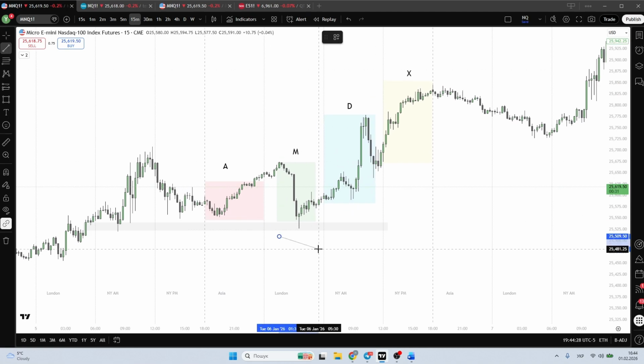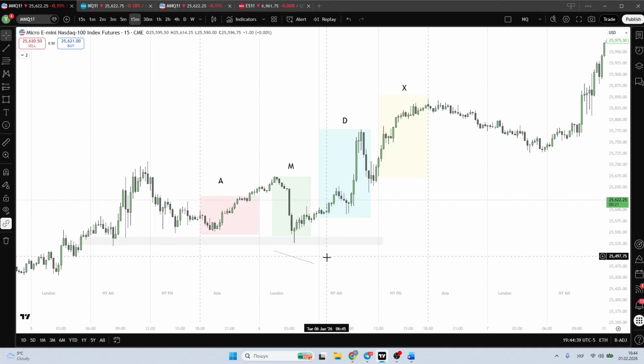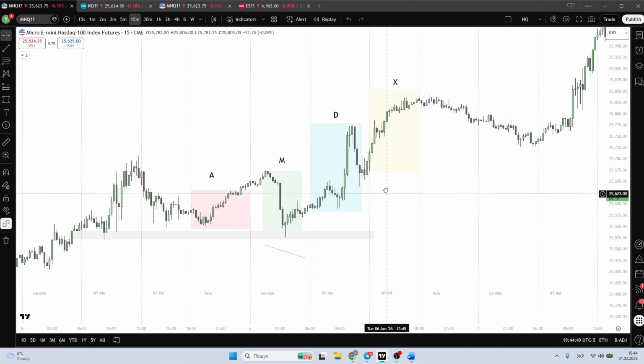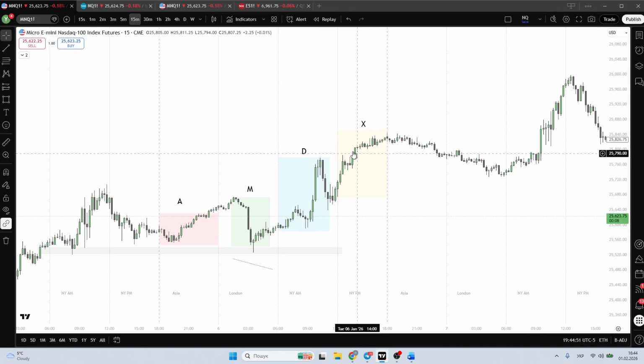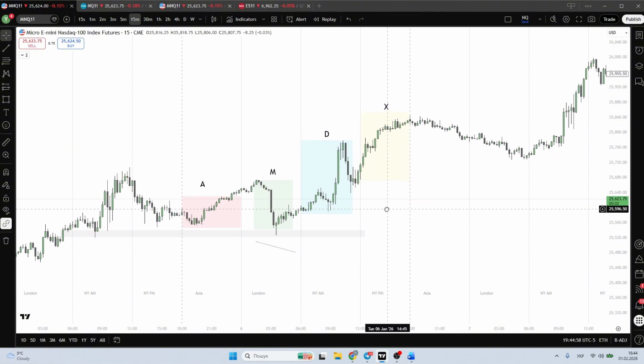So here we got the accumulation, manipulation into a high time frame PDA, smart money reversal, and then price just went up by New York AM. At 9:30 it just pumped and pumped. And the same here, X is continuation, but X can be continuation or reversal. In that case, we see X as continuation.